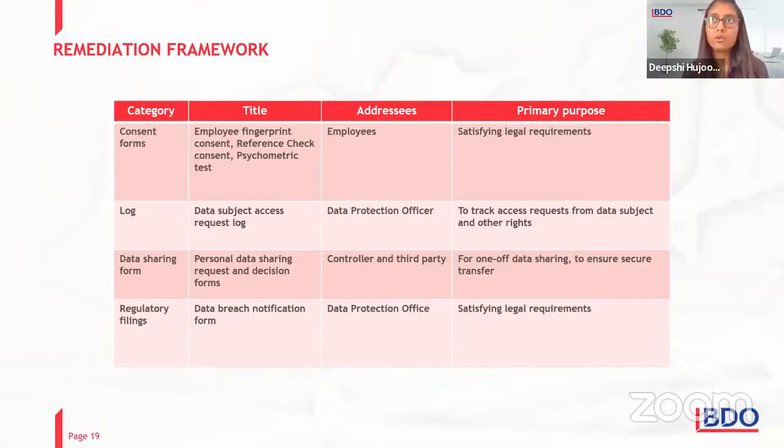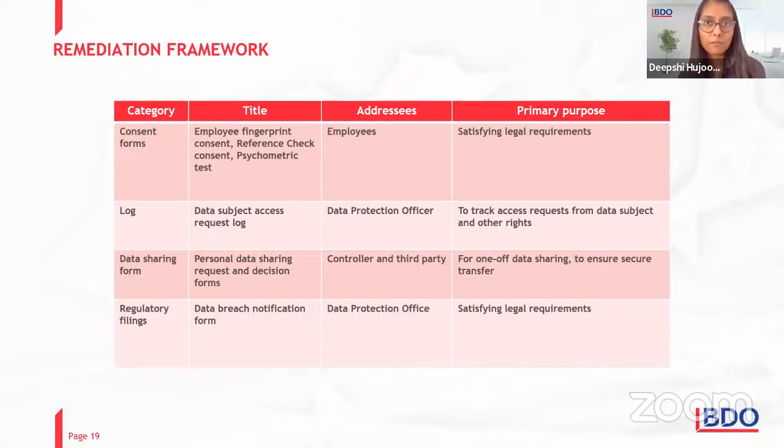For instance, you have to register, you have to file with the Data Protection Commissioner, with the Data Protection Office on how you process personal data. And you may also fill in registration forms or transfer forms to this Data Protection Office.